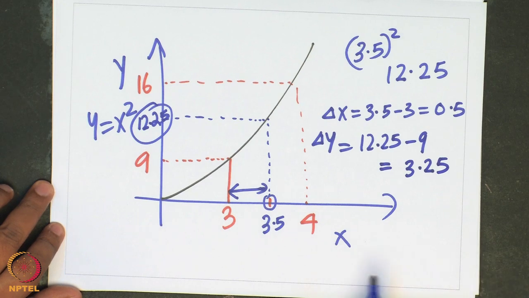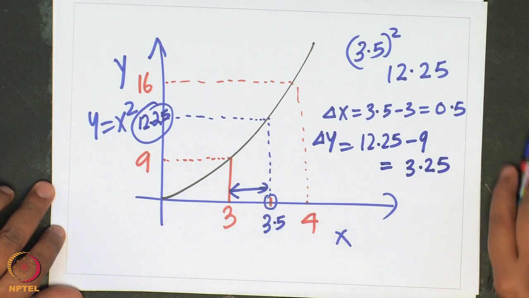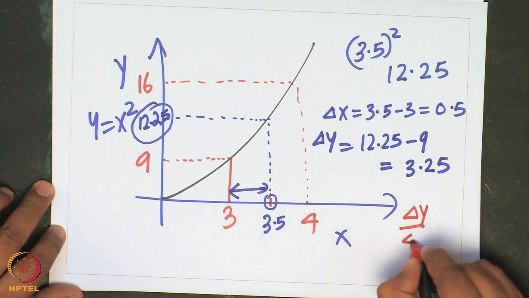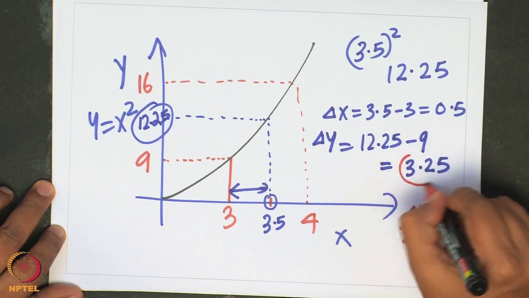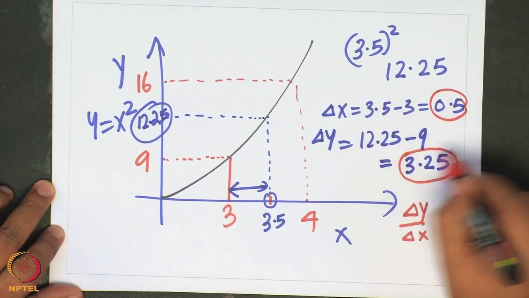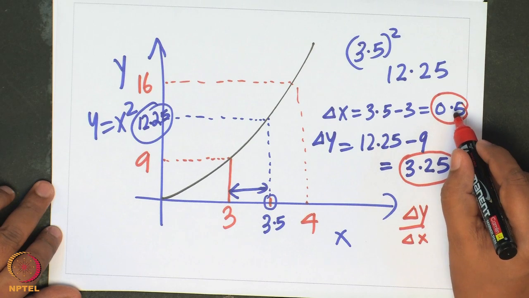This is my delta y. So what is delta y by delta x? It is 3.25 divided by 0.5.